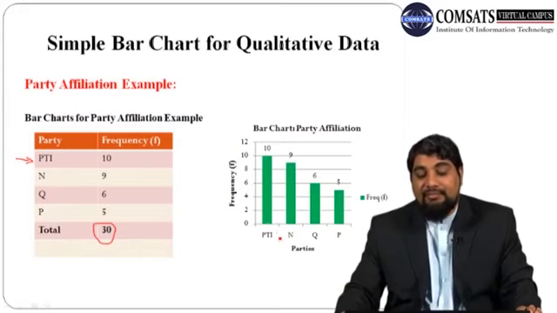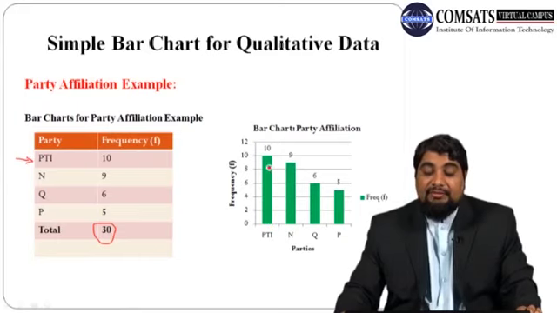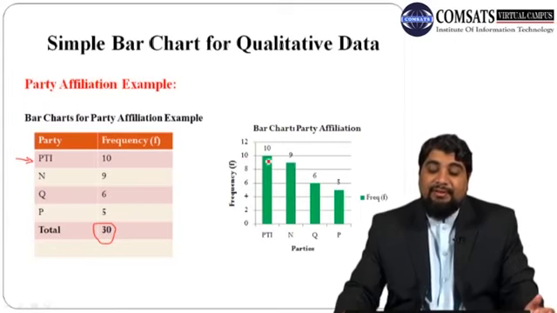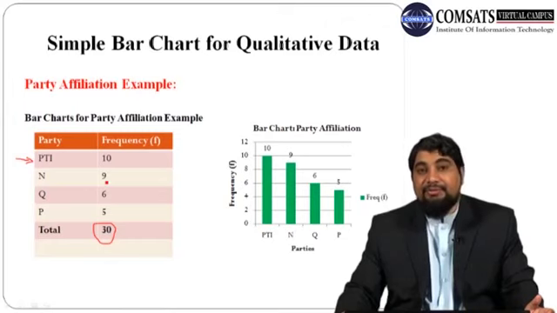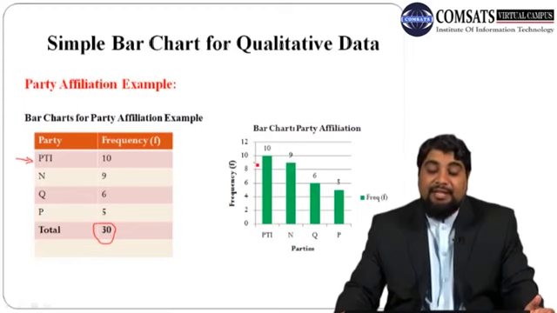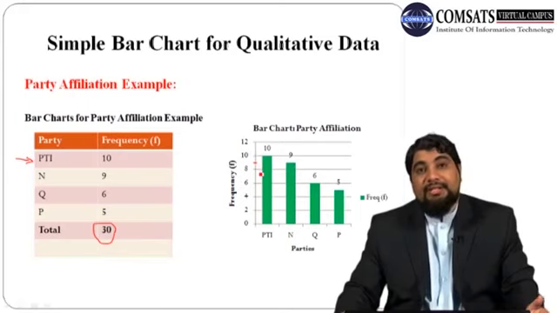Its frequency is 10, so construct a bar with height equal to 10. Here is the first bar, and then the second bar, PMLN, has frequency 9, so construct a bar with height equal to 9. 9 lies between 8 and 10. So this is how you can construct a simple bar chart.